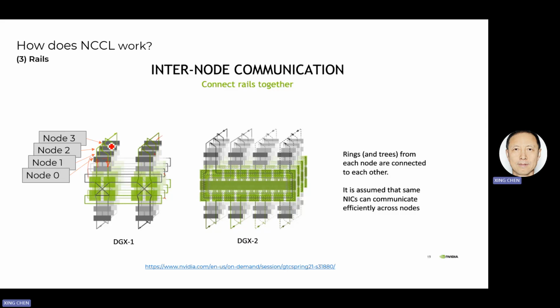So you are going to have one big ring for the 4 NICs of the 4 nodes, and then another big ring for the 4 NICs of the 4 nodes. And then again another ring here and another ring here. What you have are 4 big rings.